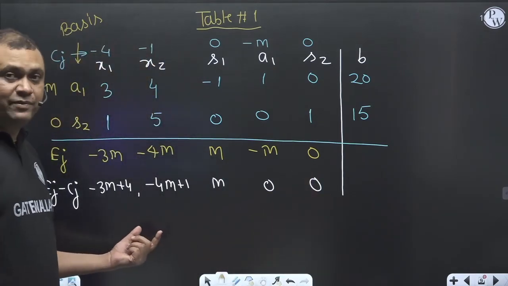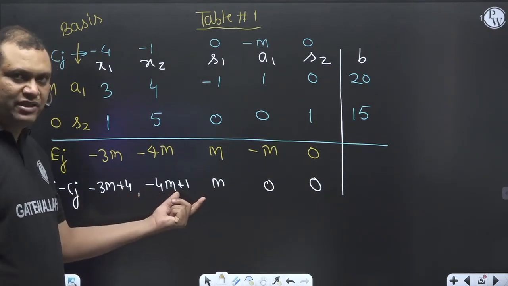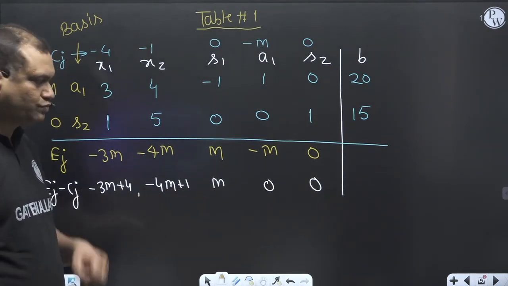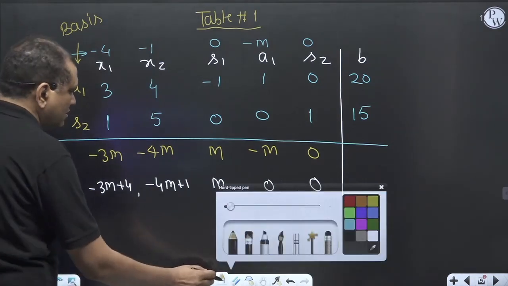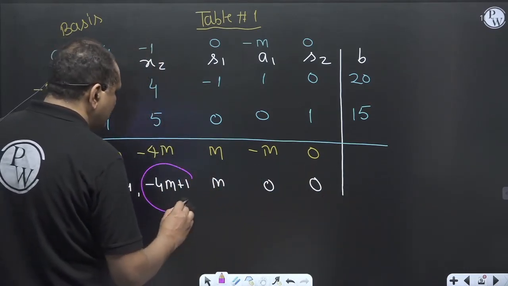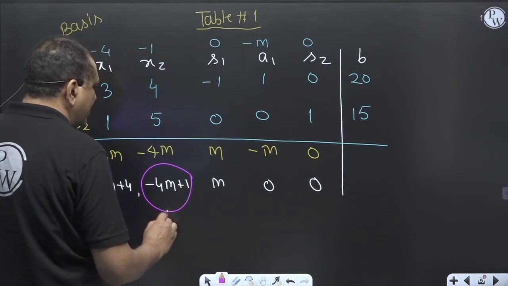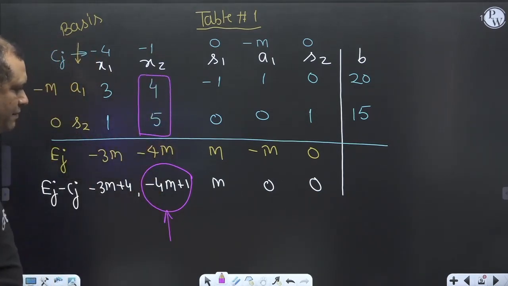So what our procedure tells you is, I will take the maximum negative from this. The value of M is very high. This is the maximum negative, and this is your entering column.